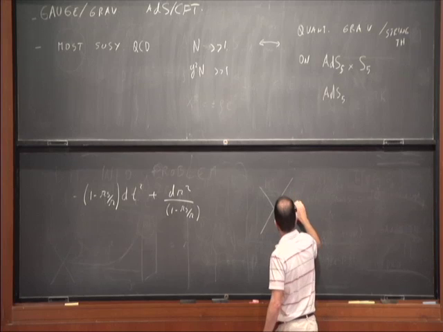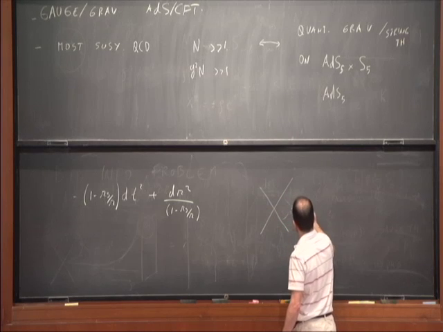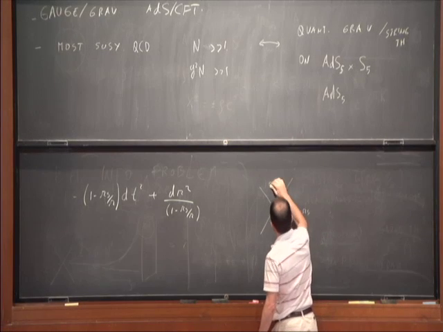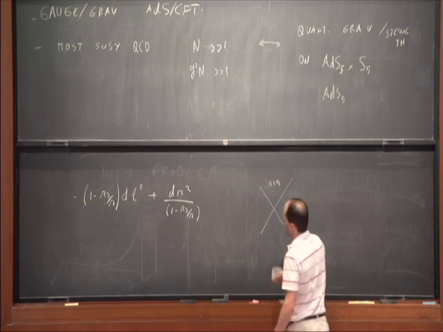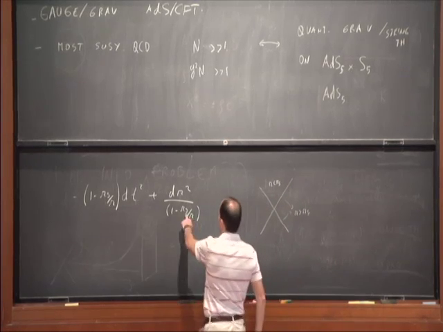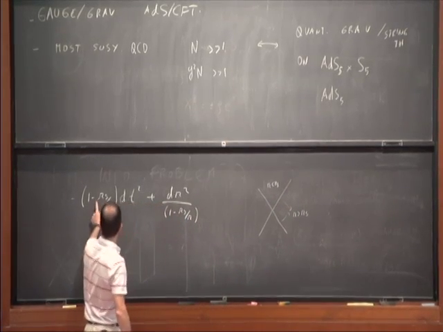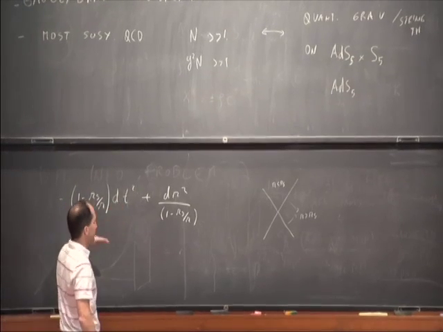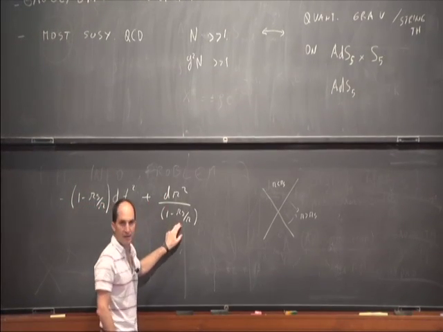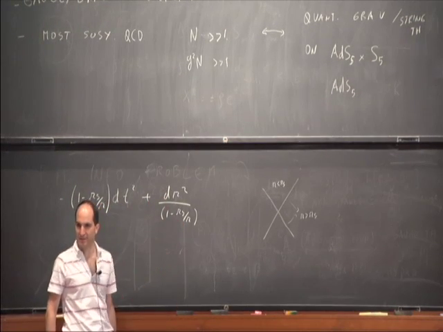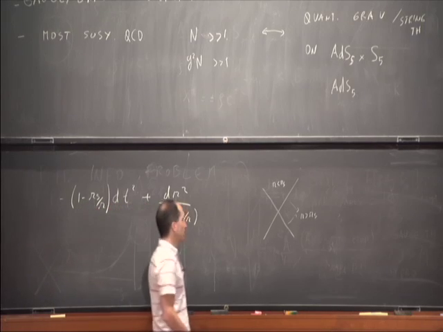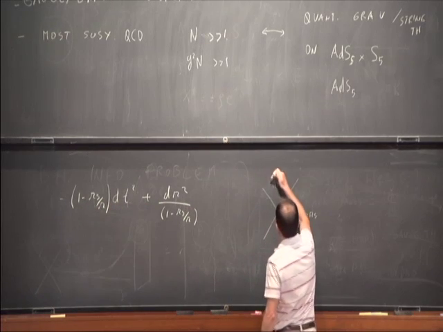So this region outside was R bigger than Rs, and inside is R less than Rs. Now when R is less than the Schwarzschild radius, this sign changes, and this coordinate becomes a space-like coordinate, and the R coordinate becomes a time-like coordinate. So when we go to smaller values of R, we're going into the future.